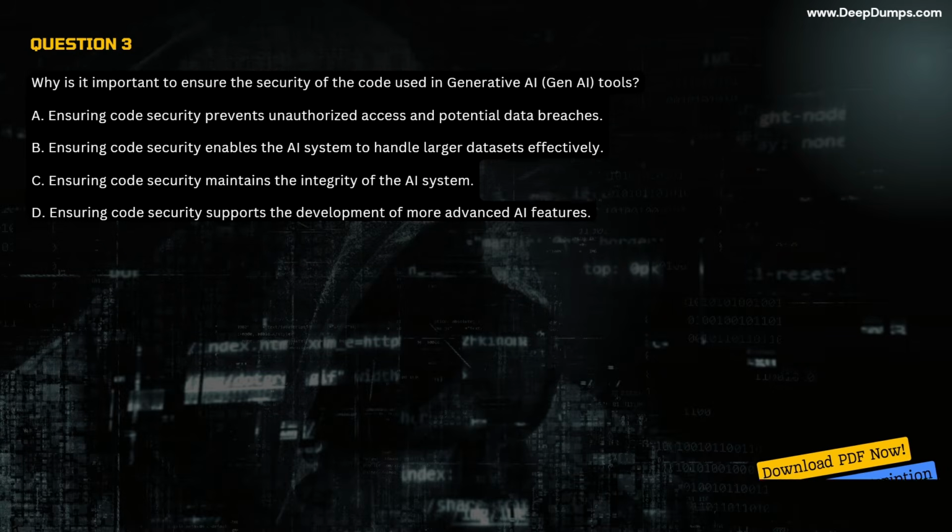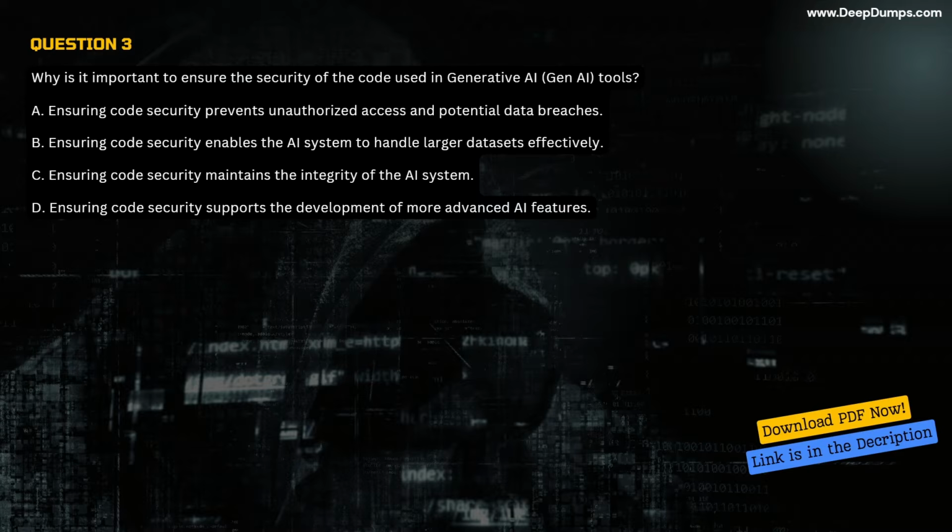Question 3. Why is it important to ensure the security of the code used in generative AI, Gen AI tools? A. Ensuring code security prevents unauthorized access and potential data breaches. B. Ensuring code security enables the AI system to handle larger datasets effectively. C. Ensuring code security maintains the integrity of the AI system.